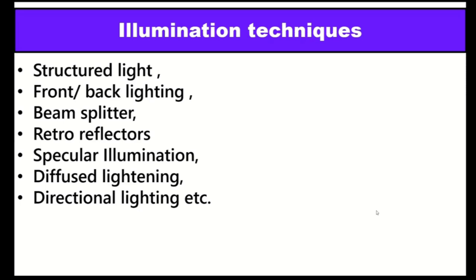Beam splitter, whenever we want to divide light correctly. Then retro reflectors, many times we want to calibrate or align the reflections correctly. Specular illumination, diffuse lighting, directional lighting, these are some schemes. They are used according to the actual problem.